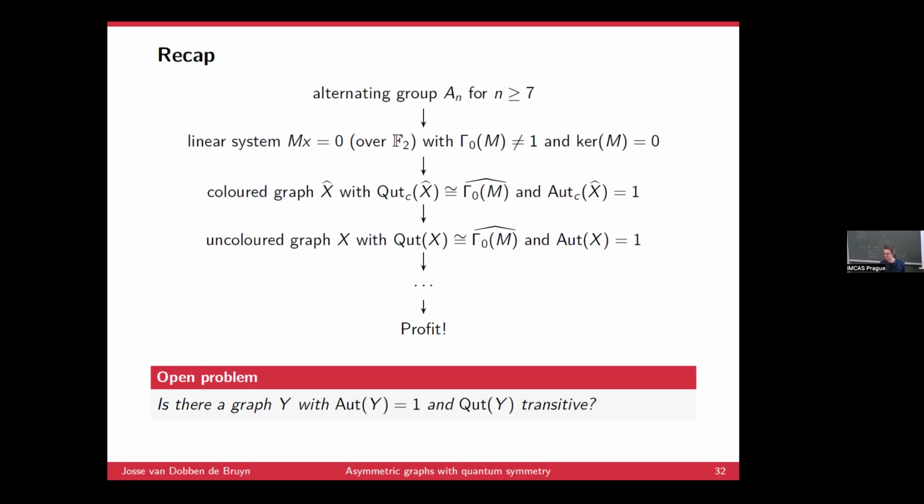But for what? For the symmetric group, for the free unitary? Yeah, that was my next question actually. Does the free unitary group arise as the quantum automorphism group of some graph? No. I don't know.